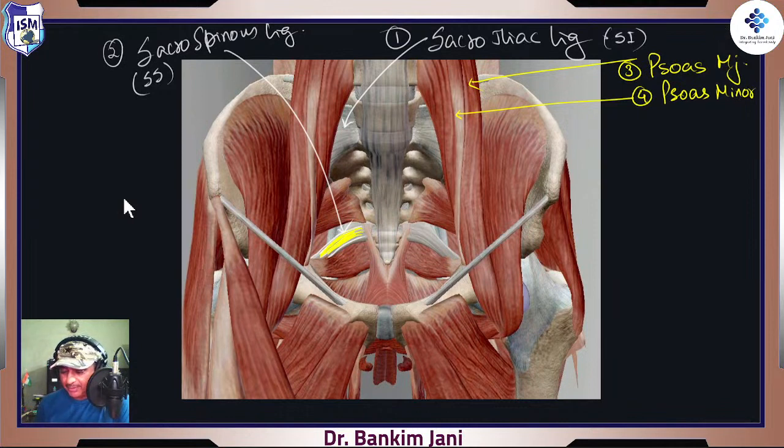And the business partner of psoas major, because joint operation is for that iliopsoas operations, where they will be going all the way to the distant area onto the femur, going over there for the business. That business partner is iliacus.